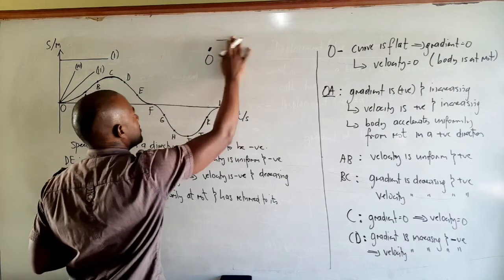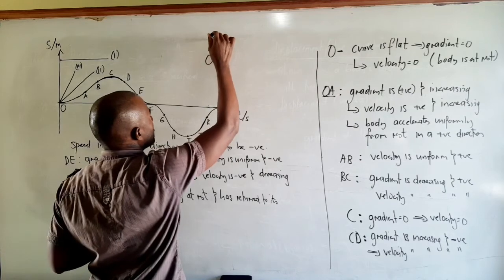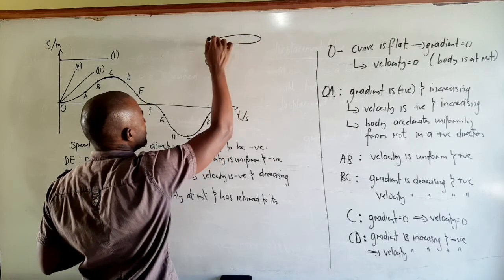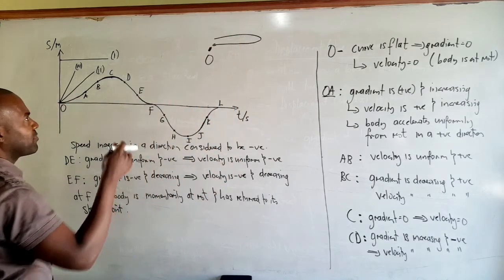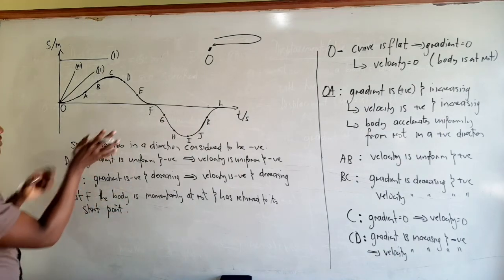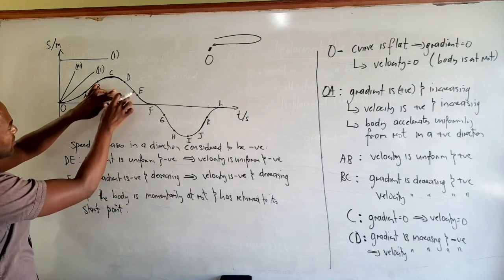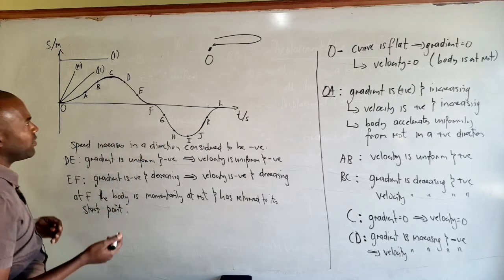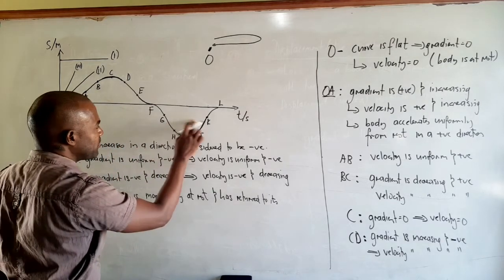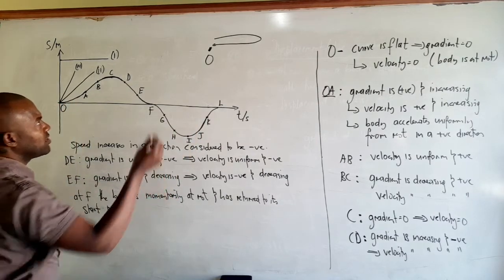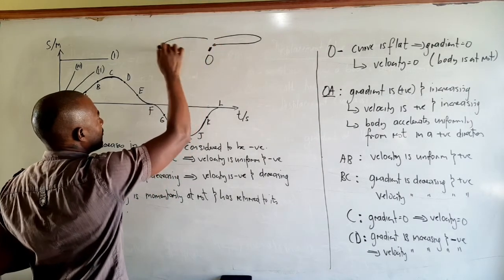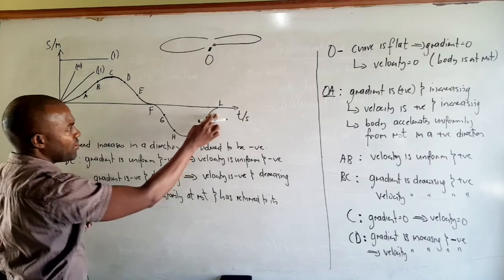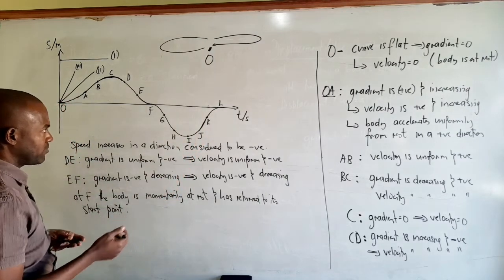But it basically moved away from the reference point, and then it returned to the reference point at F. So basically, for the bulk of this graph, the body was, say, to the right of the reference point. Now down here, where the displacement is basically negative for most part, then the body will be to the left of the reference point before returning to the reference point at L, right?